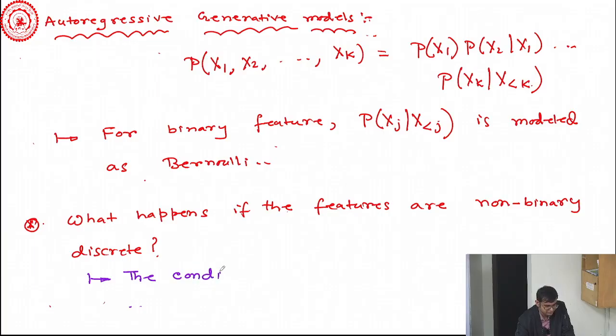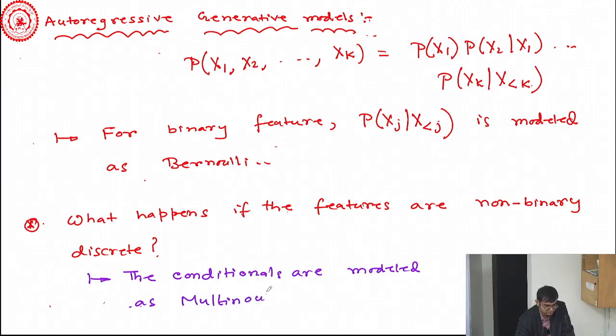That is the first thing to do. But the conditionals are modeled as multinoulli or categorical distribution, which are basically synonyms, by the way.